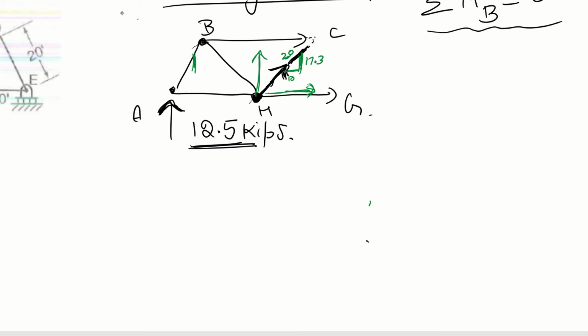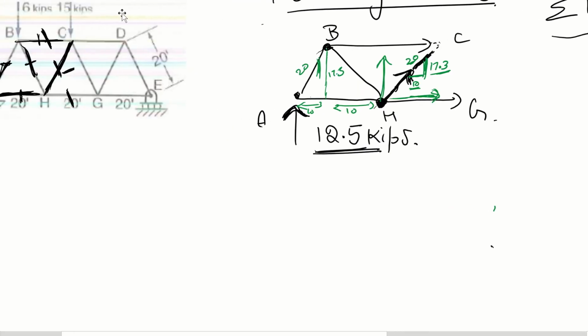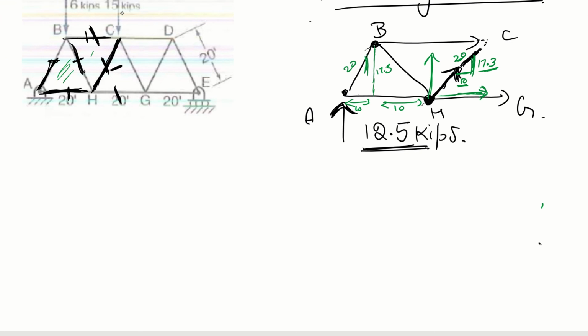If I divide this in two halves, this figure is not accurate, but this value will come out to be 10, and this value comes out to be 10 also. So I put this value as 10, and then this is 17.3. That's how I write 17.3 here also, because all these sections are symmetrical.